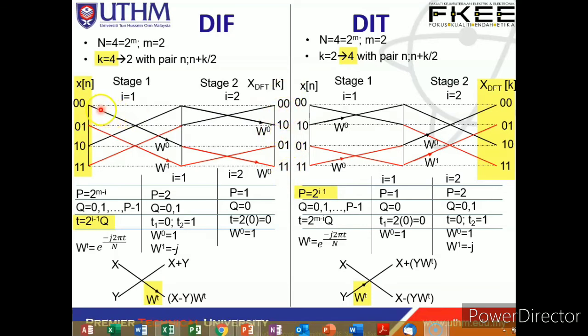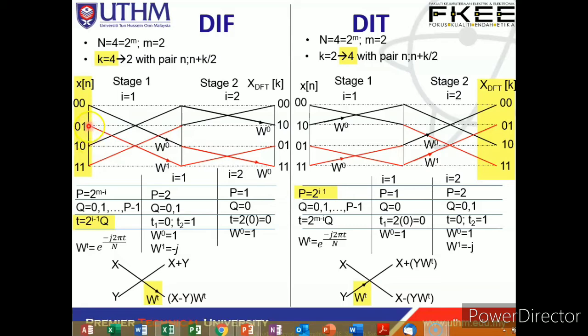So next is how we can make the pairing of the points here. As I mentioned previously, the k value is important for pairing. So for example, we have 0 0 is 0 at discrete signal 0. The pair is 0 plus 4 divided by 2, which equals 2. Okay, 0 paired with 2.